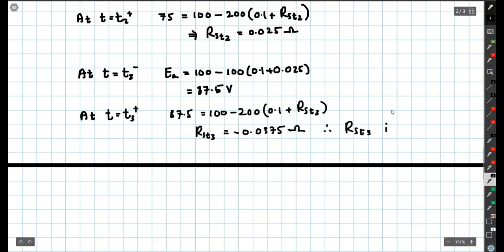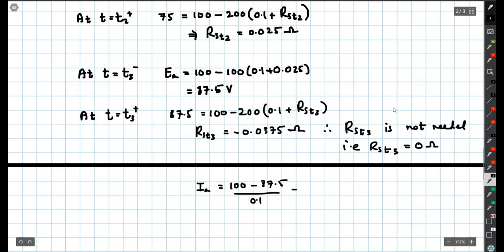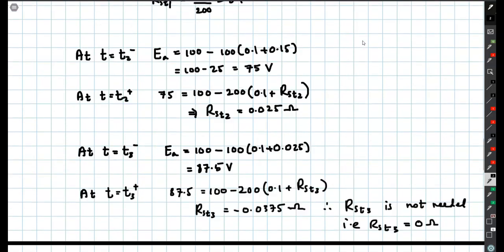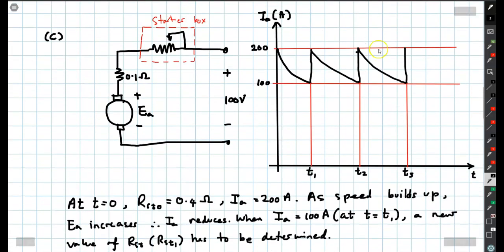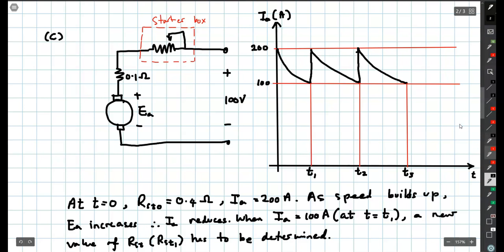So with a 0 RST3, IA is equal to 100 minus 87.5 over 0.1, which is equal to 125 ampere, which is still in the limit of 100 and 200 ampere, which means that we need to change this graph. Instead of going to 200 now, it is going to be 125, which is probably somewhere there.